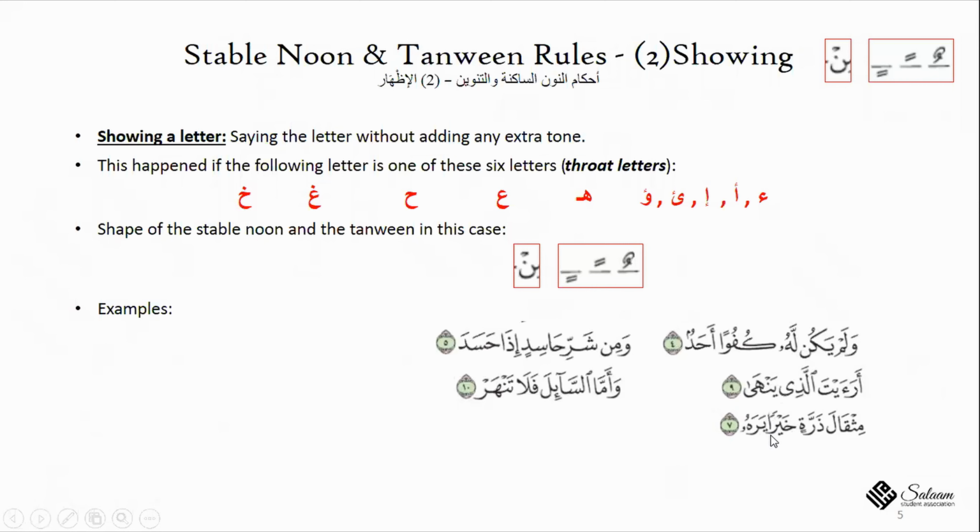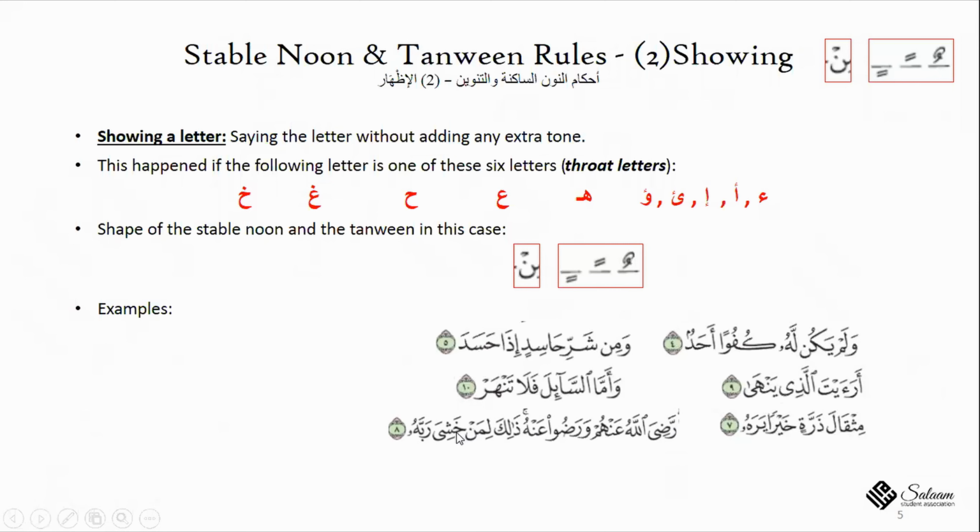The pronunciation is different. Dharratin kha. Here, khayran yara. I did not pronounce the noon here in the tanween. Khayran yara. Big difference. Here we have noon, stable noon, ha.